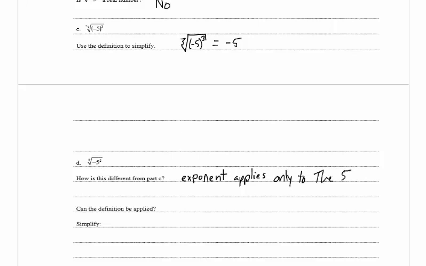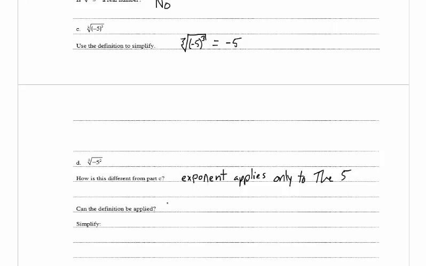So the difference between the two is the set of parentheses. So in C, we have a set of parentheses around negative 5. And in D, we have negative out in front of 5 cubed. So the exponent only applies to the 5 in D, where it applies to the negative 5 in C. And then it asks us, can the definition be applied?